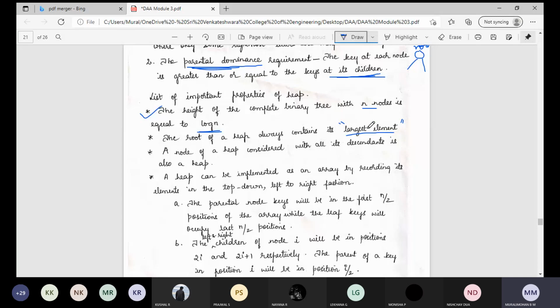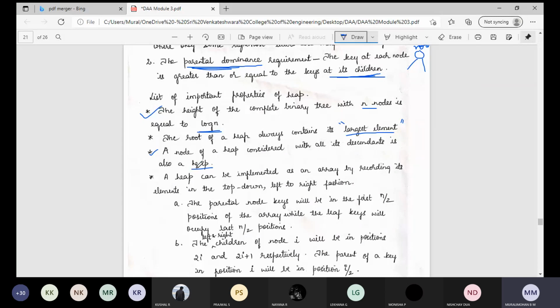A node of a heap considered with all its descendants is also a heap, meaning the subtrees should also be heaps, so the root of each is greater than its descendants.